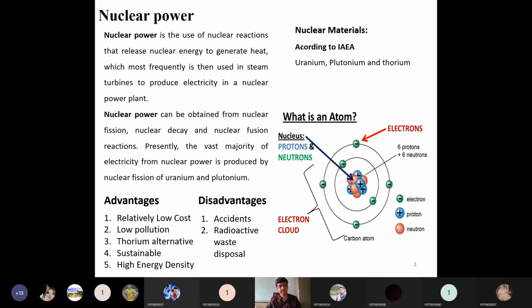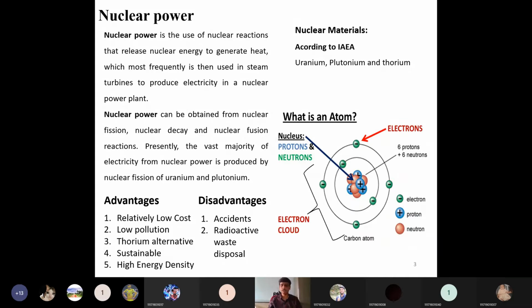Then it is very much sustainable. A very small mass of nuclear material is enough to generate a huge amount of electricity, whereas steam power plants or hydrothermal power plants, with their reservoirs and everything, cost more and are not sustainable. If water is not there, how can we generate electricity from a hydrothermal plant? If there is not enough heat generating capacity in a steam power plant, it can't be sustainable.